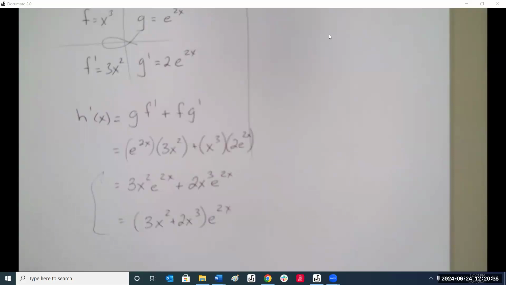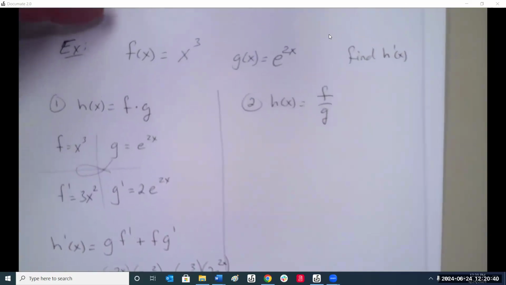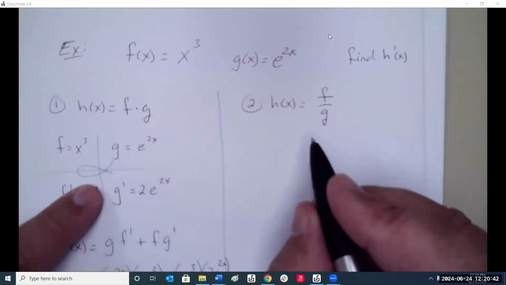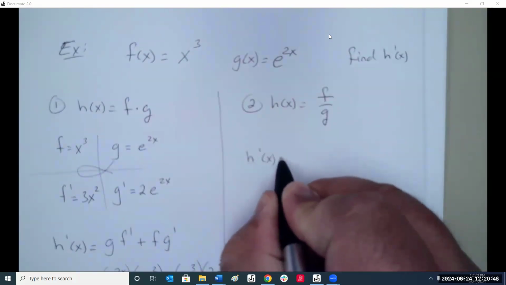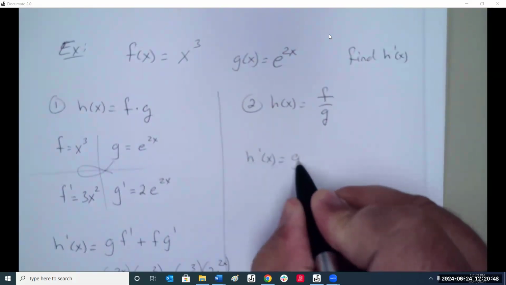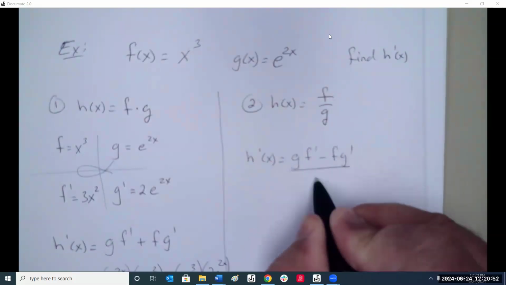So that's the product rule. Now the quotient rule, we use the same functions, except here we subtract. Gf prime minus fg prime over g squared.